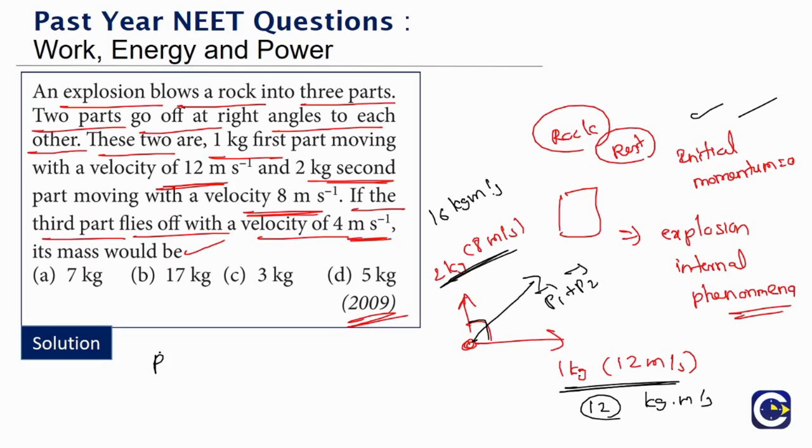The resultant momentum P1 plus P2. The angle between P1 and P2 is 90 degrees.